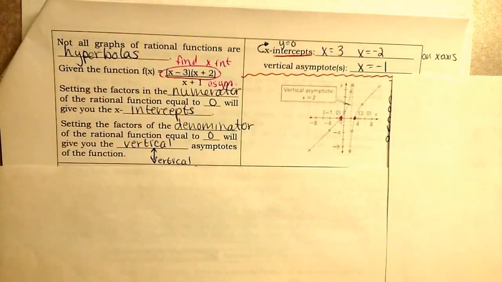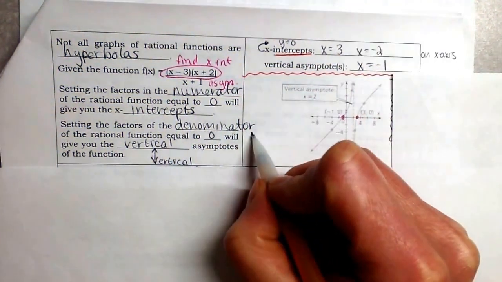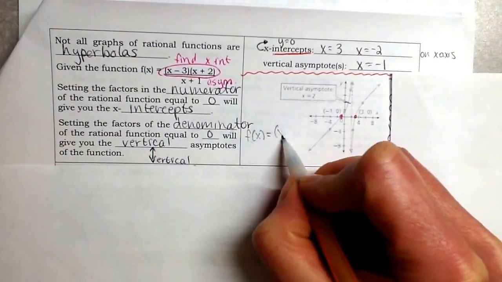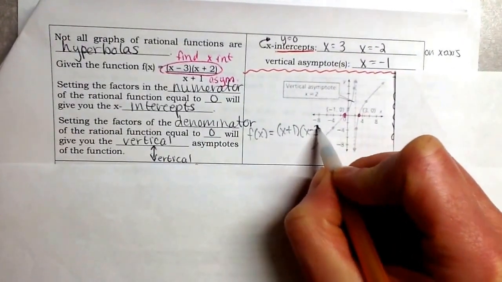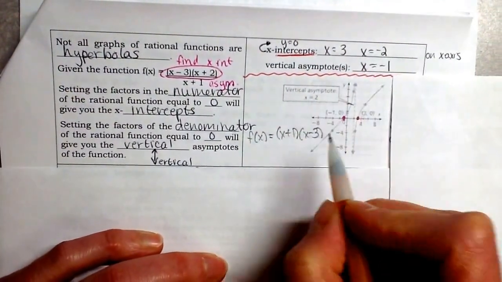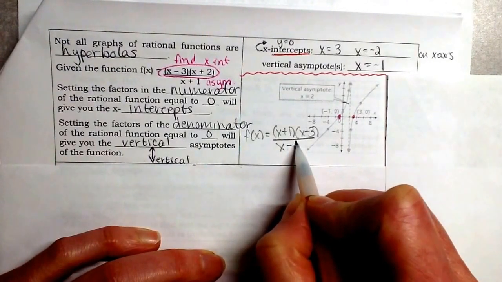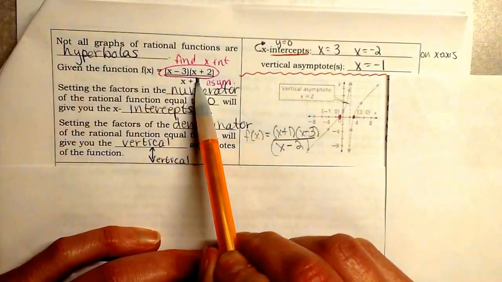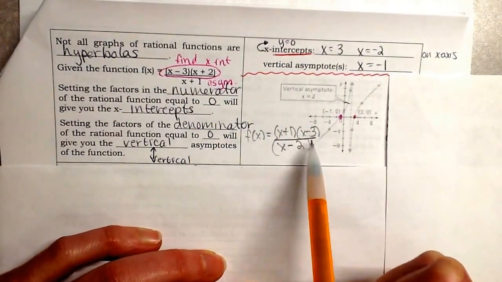So that means if we were to write the function, in the numerator we would say x plus 1, also x minus 3, and since our asymptote here is at x equals 2, in the denominator, we would write x minus 2. So I want you to be able to go back and forth from the function to the intercepts and the asymptote, and from the graph back to the function.